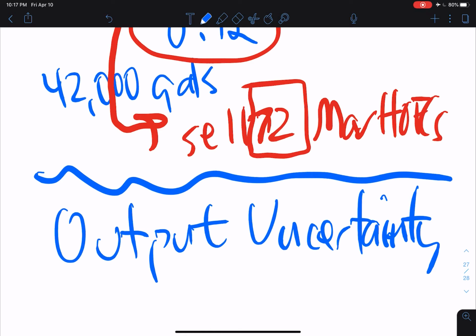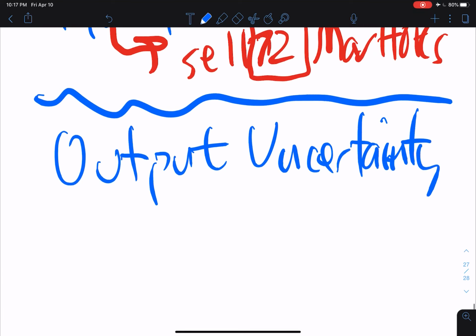But as I mentioned in my first futures video, quantity risk is a big deal. We talked about a farmer who wanted to lock in a selling price of wheat, and then we looked at a circumstance where there's flooding or drought, and where the size of his actual harvest differs from his expected harvest. So that's output uncertainty.